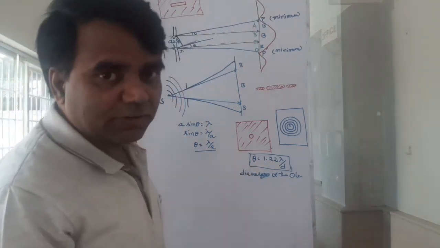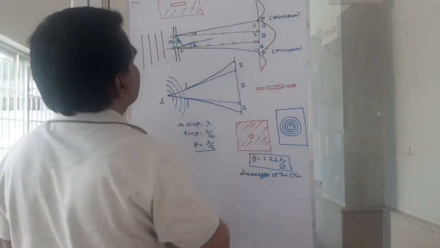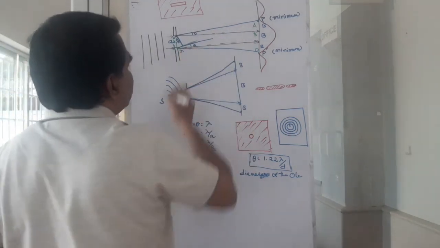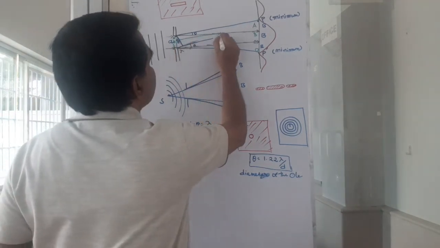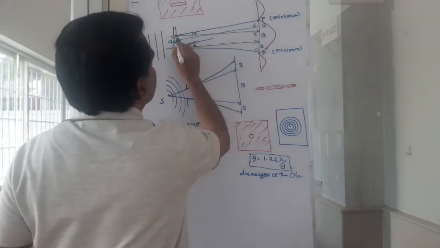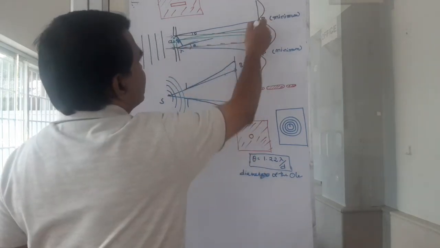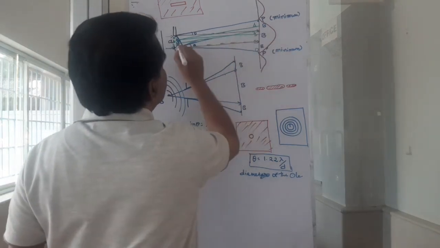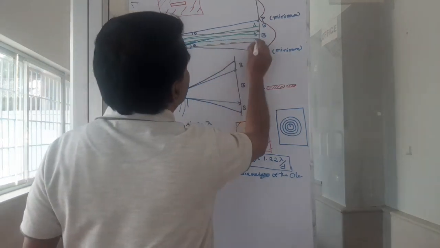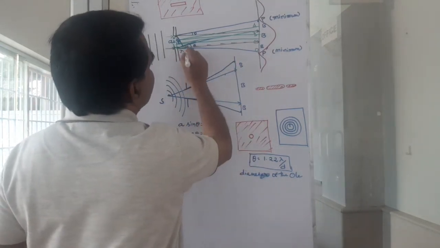But notice one more thing. If A is flaring up like this, then B will also be flaring up like this, right? Something like that. Okay, now you see it's getting into A. Then C will also flare up like this, and then D will also flare up like this.